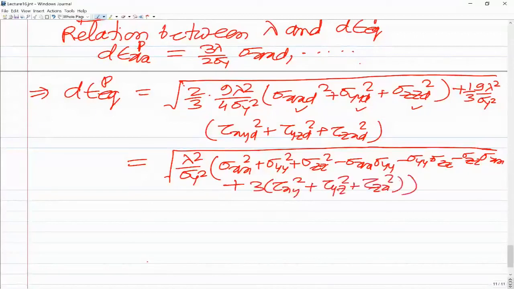So this is what you get, and what you have is, finally, this quantity is sigma y square. So ultimately, you can say that d epsilon equivalent p is nothing but actually lambda.